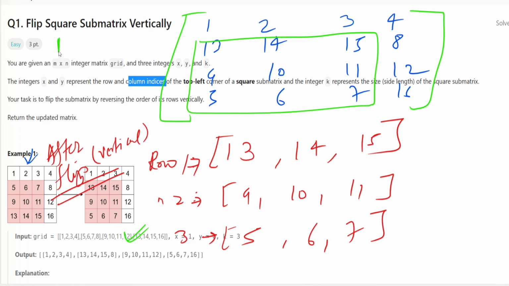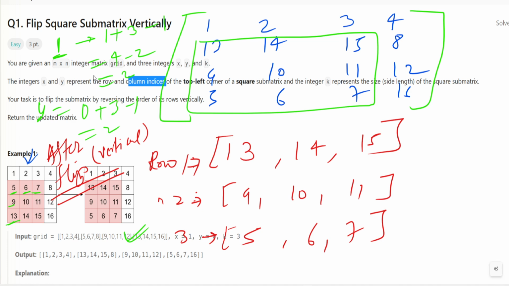From 1 we go to 1 plus 3 minus 1, which is 2, so the rows go from 1 to 2. For the column, y is 0, so from 0 to 0 plus 3 minus 1, which is 2. It will go 0, 1 and 2.